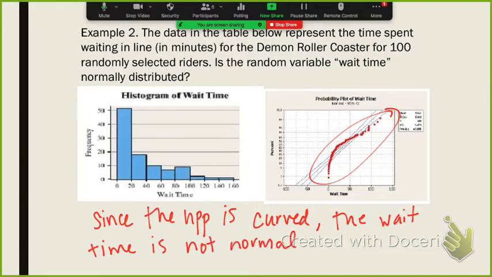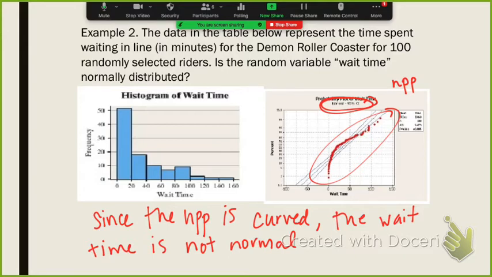Where's the eyeballing? I mean, that's clearly curved. It'll be pretty obvious whether it's curved or linear. That's the right graph, yeah, because this is a normal probability plot. I can tell because you see how it's going to look like a scatter plot, and it's going to have the word normal somewhere.